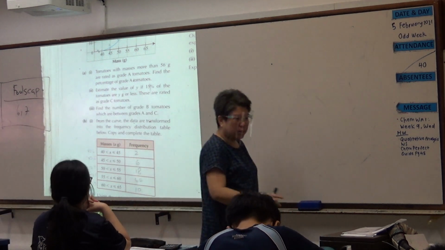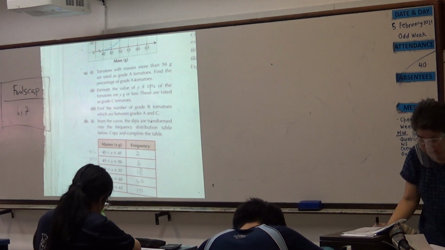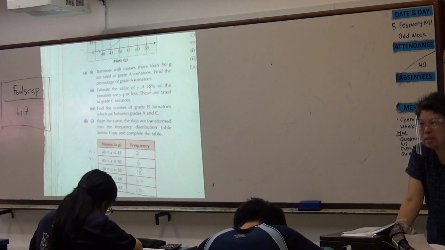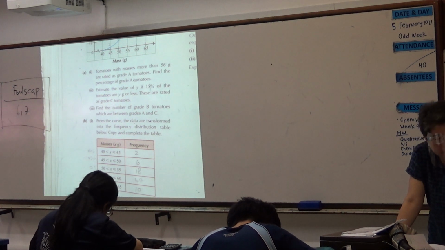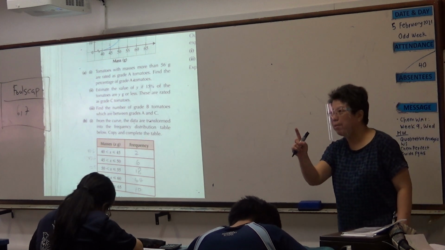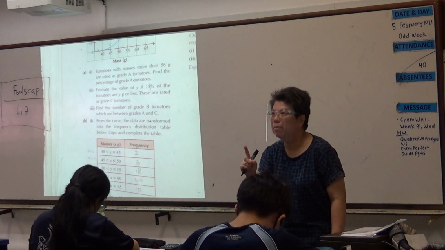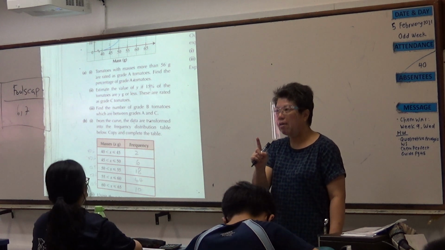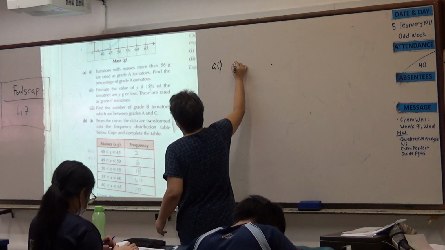What is that number? 36. But is this the number we want? This 36 represents what? Less than 56, right? They say more than. So what must I do? Yes, I must minus. What minus what?